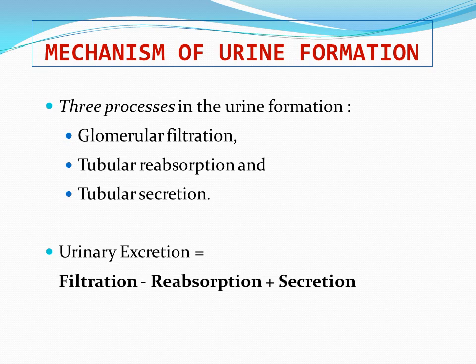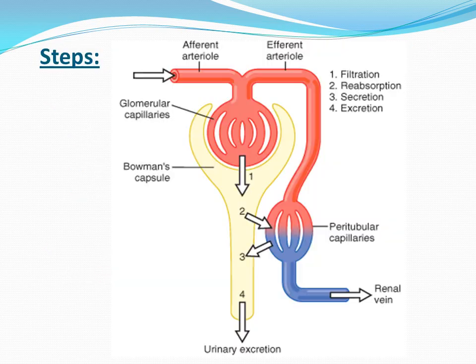So you can say that the urine ultimately excreted by the kidney is filtration minus reabsorption plus secretion. That means the plasma initially filtered into the tubules is mostly reabsorbed and given back to the blood, and certain substances are secreted into the lumen from the blood. Ultimately this makes urine.